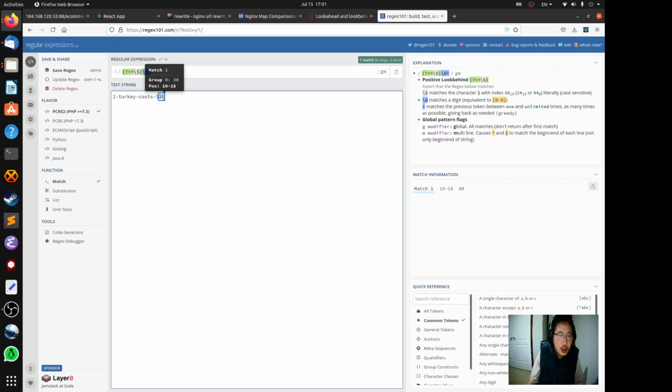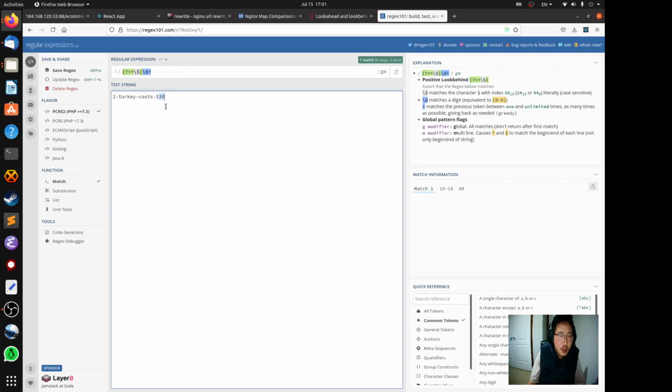From here, the previous character is a digit. It's not a dollar sign. But here the previous character is a dollar sign, so it matches.